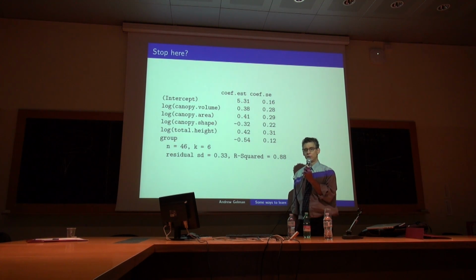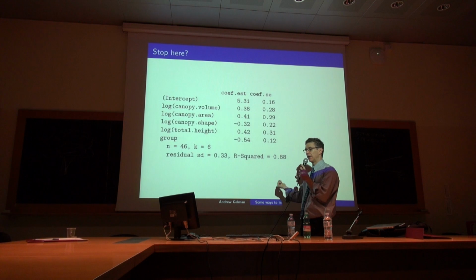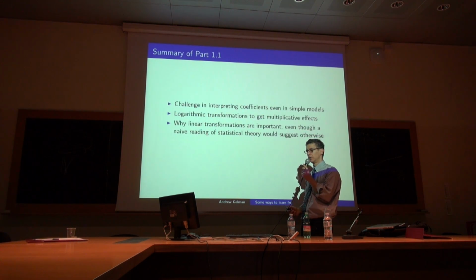It's common that we need to understand our model by doing a lot of transformations. That's the point of this particular example. There's no magic answer. I don't have a twist at the end.